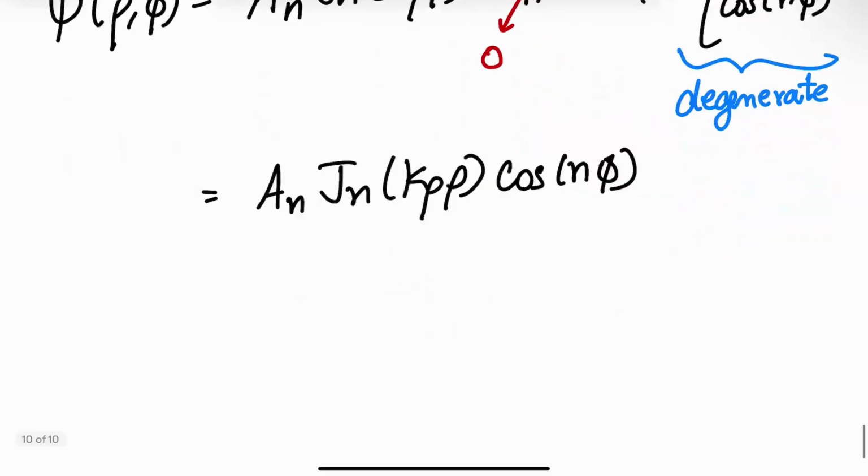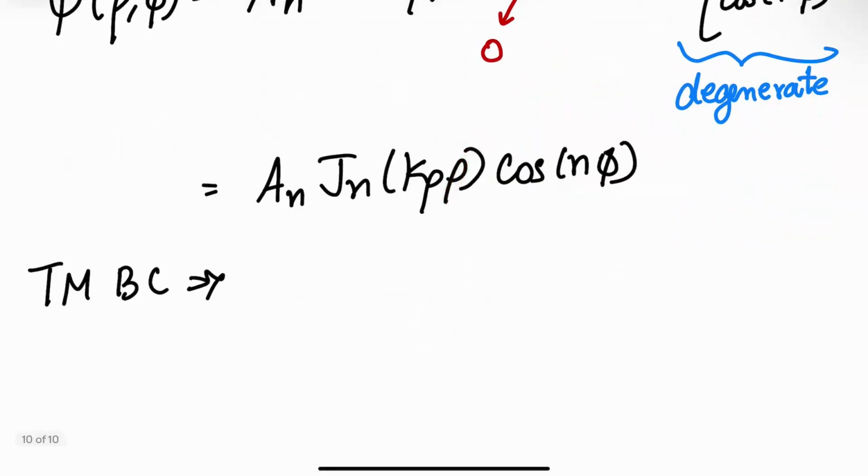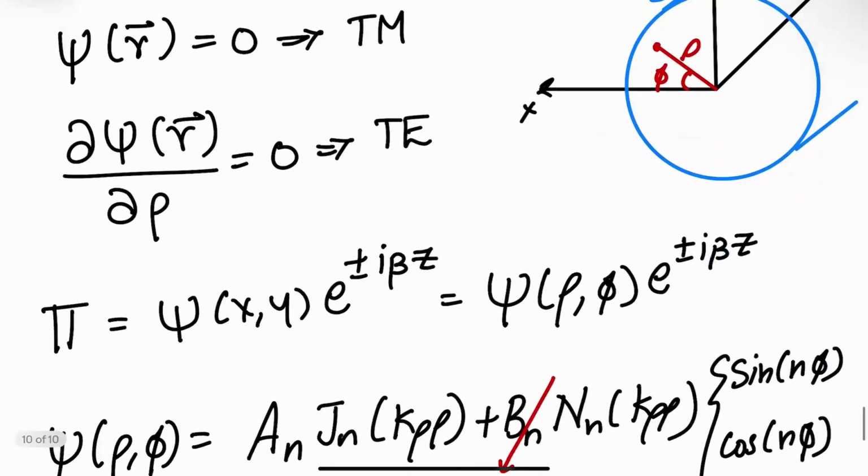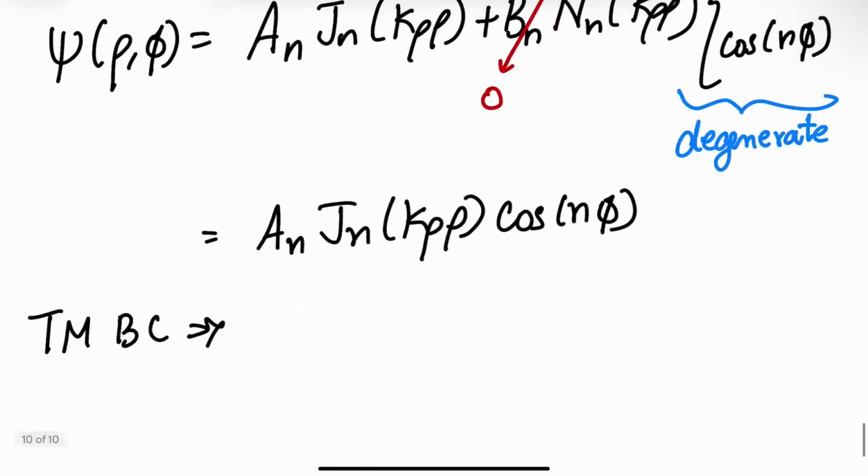Okay, so now we want to apply the boundary condition. The TM boundary condition implies that this whole thing goes to 0 when rho is equal to a, where a is the radius, let's say. I haven't written that down here on the screen, so this is our a. Under that boundary condition, this must go to 0 for all values of phi.